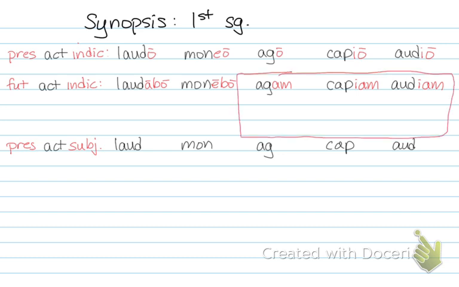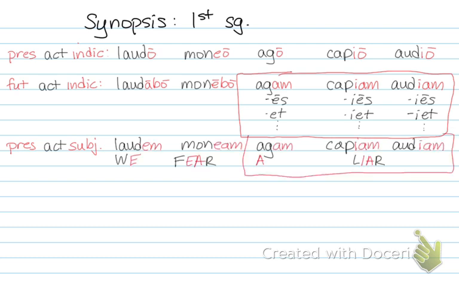Notice in the third io and fourth io, we're using the theme vowel A, but in the other persons and numbers, the theme vowel switches to E, so that ending is only in the first singular. If we apply our we fear a liar vowels to the subjunctive, you'll see that for the third and fourth conjugations, they look the same only in the first singular, not the other ones.